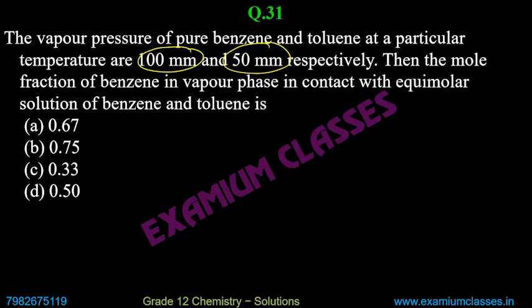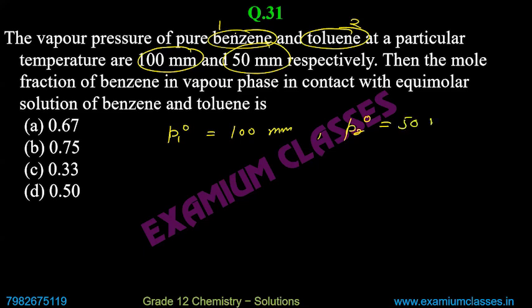The question says vapor pressure of pure benzene and toluene, pure, at a particular temperature are 100 millimeter and 50 millimeter. Means pure benzene, if benzene I am taking as 1 and toluene I am taking as 2. So in that case, P1 naught for benzene is 100 mm and P2 naught is 50 mm. That is given.